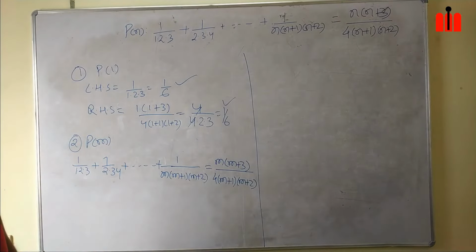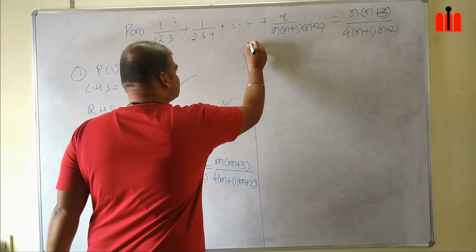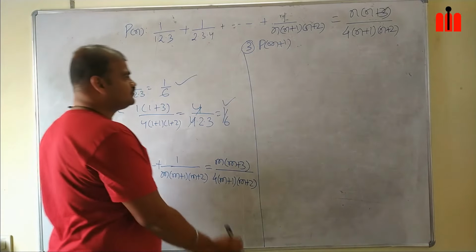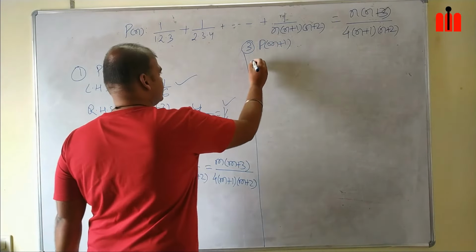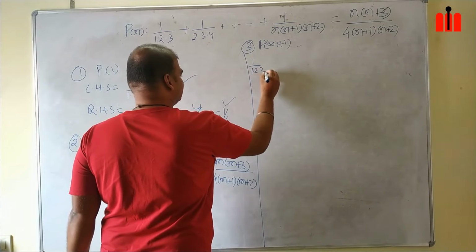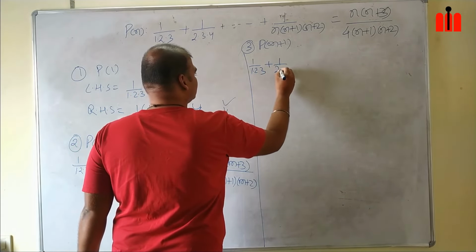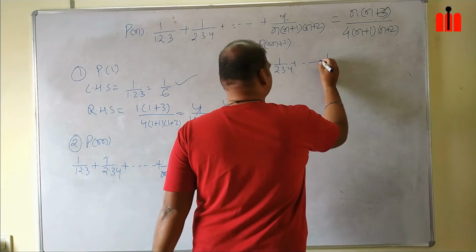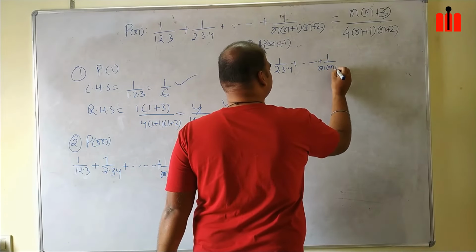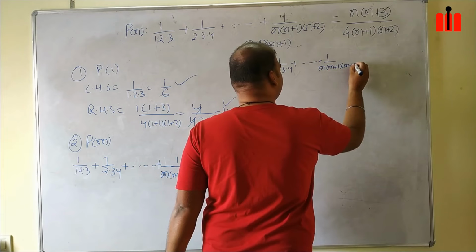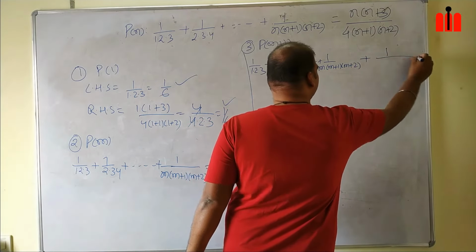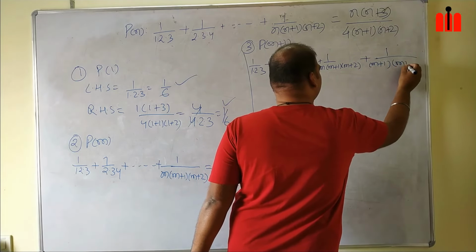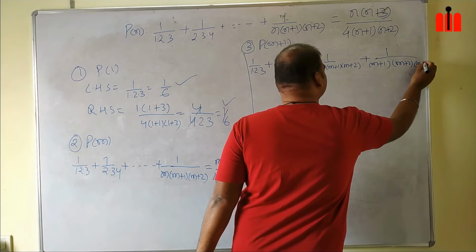Now let's go to our induction step, which is Pm plus 1. In Pm plus 1, my LHS will be 1 by 1 into 2 into 3 plus 1 by 2 into 3 into 4 and so on, up to 1 by m into m plus 1 into m plus 2 plus 1 by m plus 1 m plus 2 m plus 3.